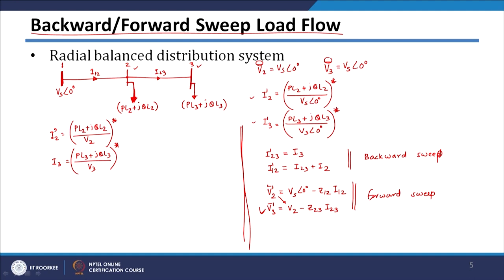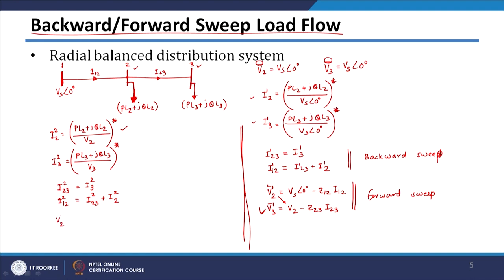So, at the second iteration, this is the current at second iteration, this is the current at second iteration, and then I23 at second iteration will be equal to I3 at second iteration, and then I12 at second iteration will be equal to I23 at second iteration plus I2 at second iteration, which you have got here, and then again voltages will be updated.